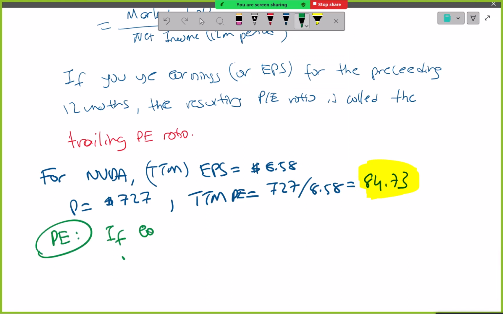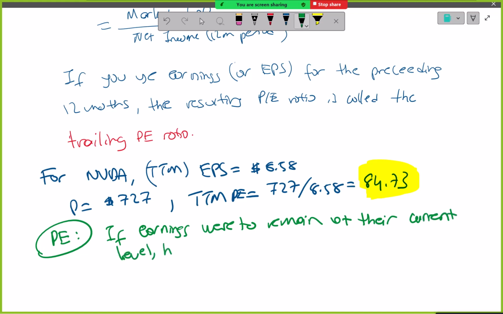If earnings were to remain at their current level, how long would it take you to recoup your investment?